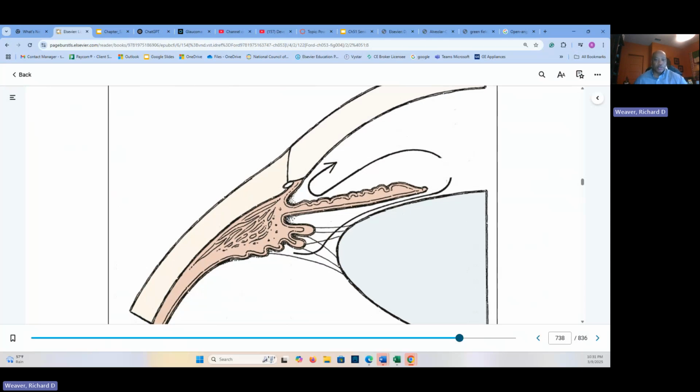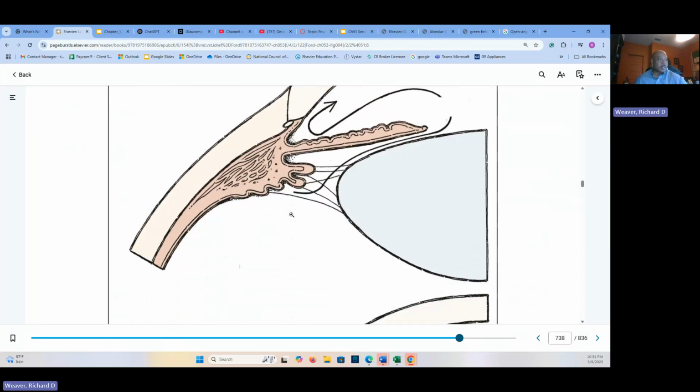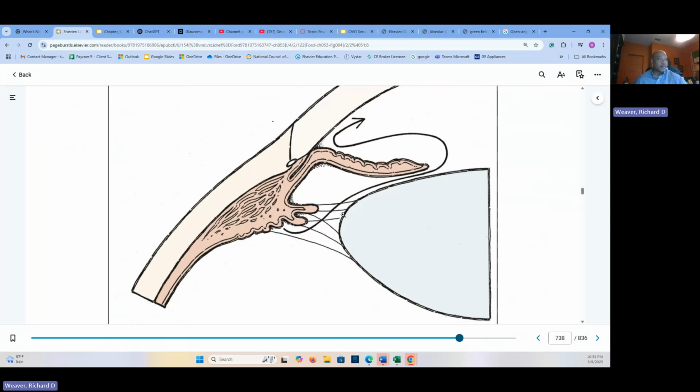Now, the illustration here shows how the angle where the aqueous humor drains is normal, but it does not function properly, and because of that an excessive amount of fluid cannot leave the anterior chamber, which is not a good thing. In angle closure glaucoma, the bottom picture here, you see the angle of the iris.